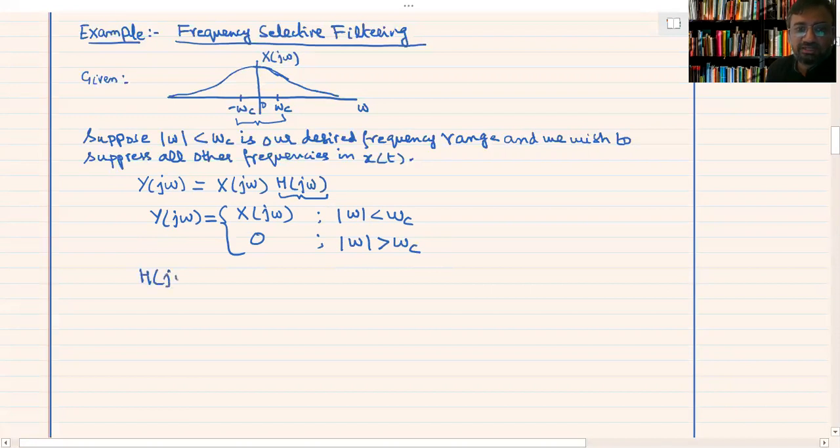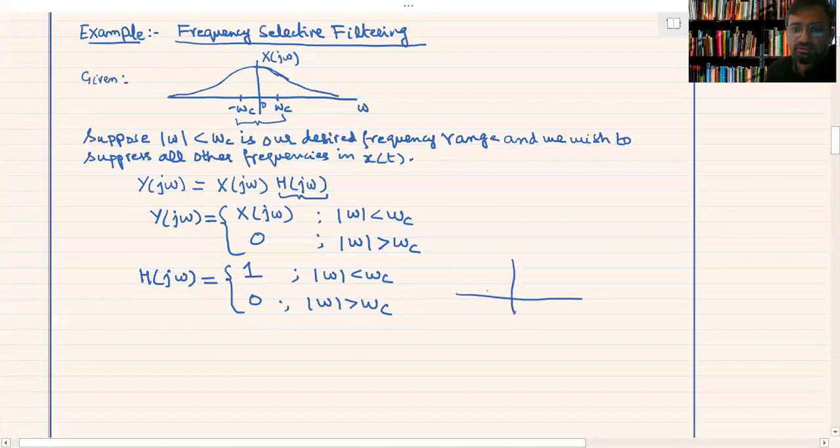So this objective can be achieved if H(jω) is 1 and 0 for this range of frequencies. That is, all we need is a system with a frequency response that looks like this.